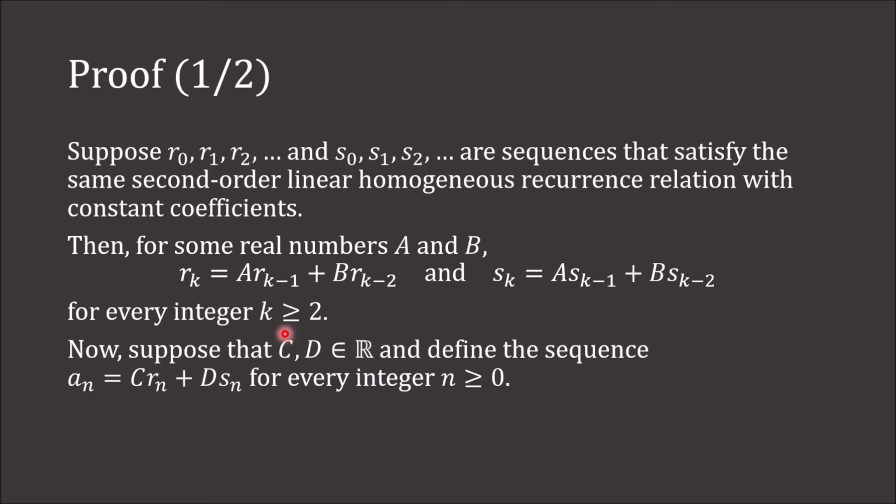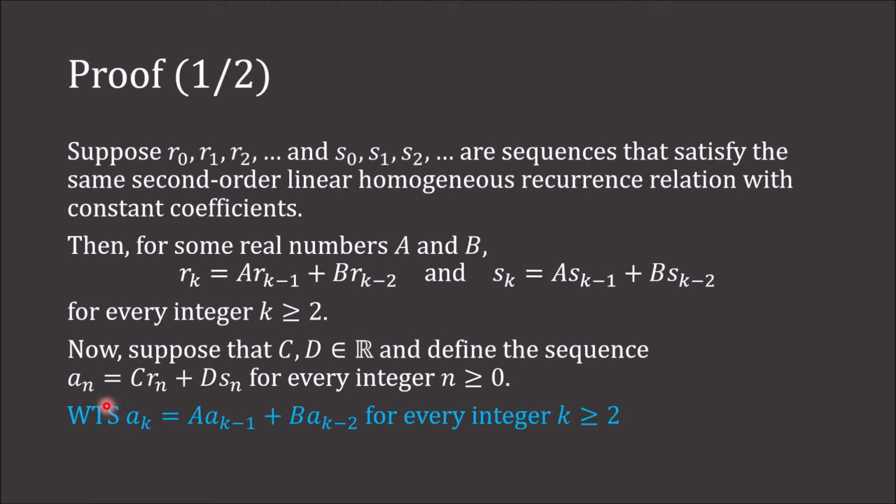Now let's suppose that C and D are real numbers and define the sequence A sub n equals capital C R sub n plus capital D S sub n for every integer n greater than or equal to 0. What we need to show is that A sub k is equal to capital A times A sub k minus 1 plus capital B times A sub k minus 2 for every integer k greater than or equal to 2.